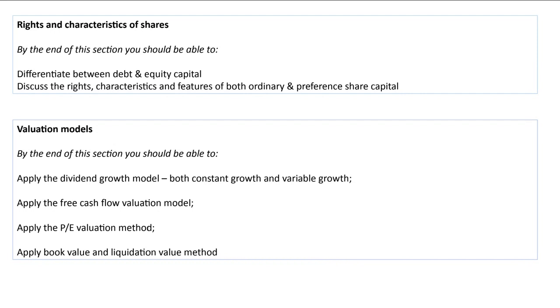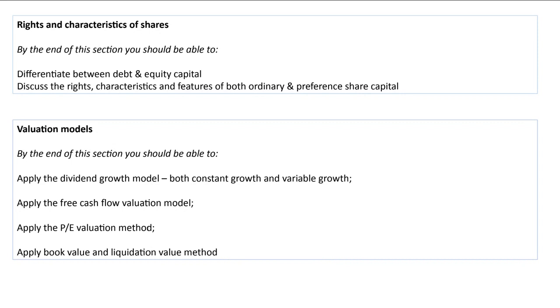So we go and have a look at the PE ratio of listed companies in a similar industry as Pty Limited, and we see that they are currently trading at around 5 to 1. So in other words, the price of listed companies is 5 times the current earnings of those companies. So we just then take the PE ratio of listed companies.